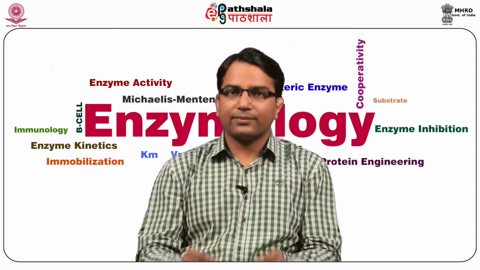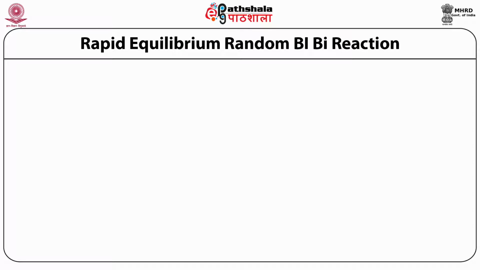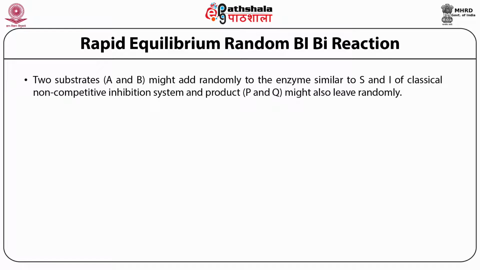The first model of bi-substrate reaction is the rapid equilibrium random bi reaction, where two substrates, A and B, bind to the enzyme in a random fashion.